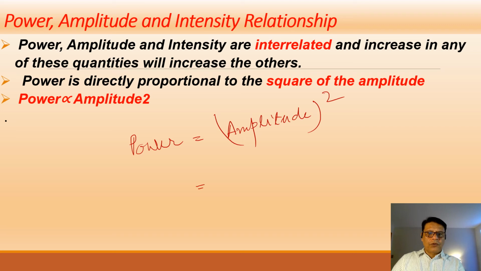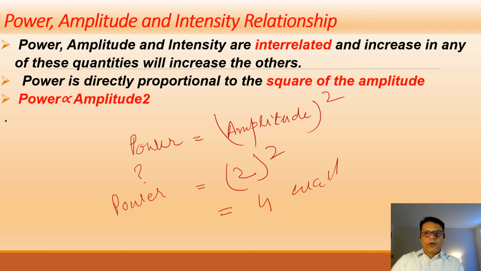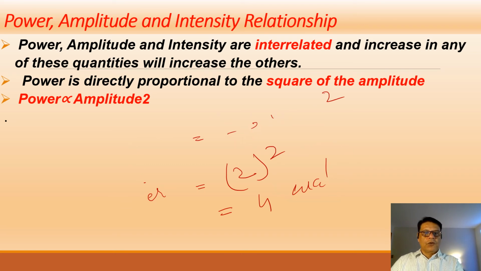If they give you the amplitude and ask what the power is, you will take the square of the amplitude, which will be 4, and don't forget to write the units of the power, which are watts. So amplitude squared is equal to the power.